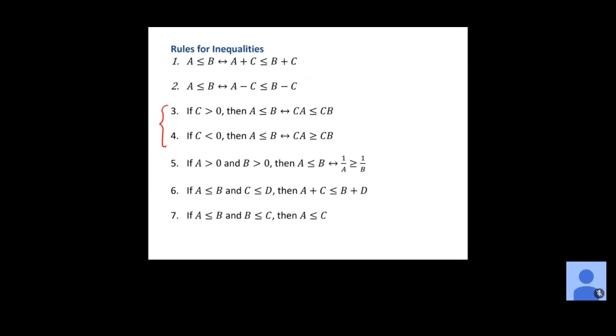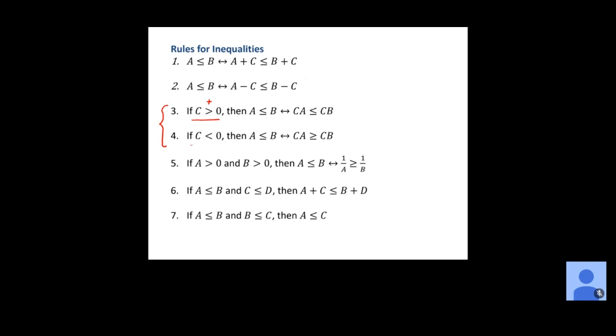If we multiply both sides by a positive value, notice here the C value is greater than 0, that means it's positive, then our inequality is still going to be maintained. C times A is still less than or equal to C times B. Nothing changes.